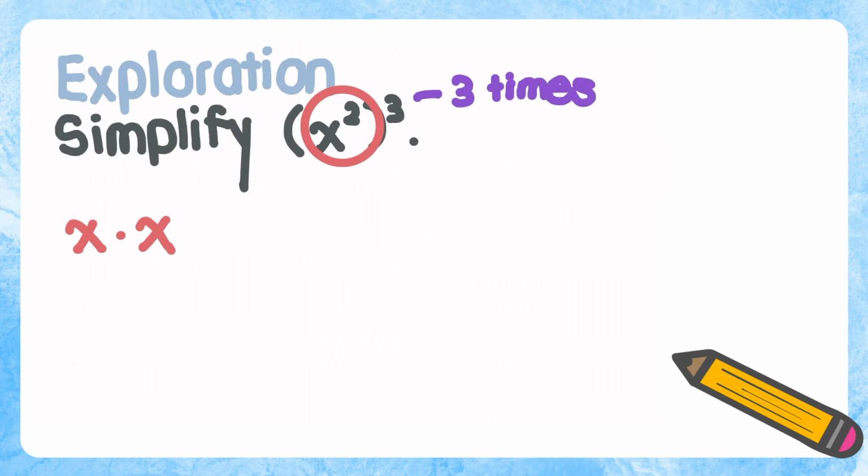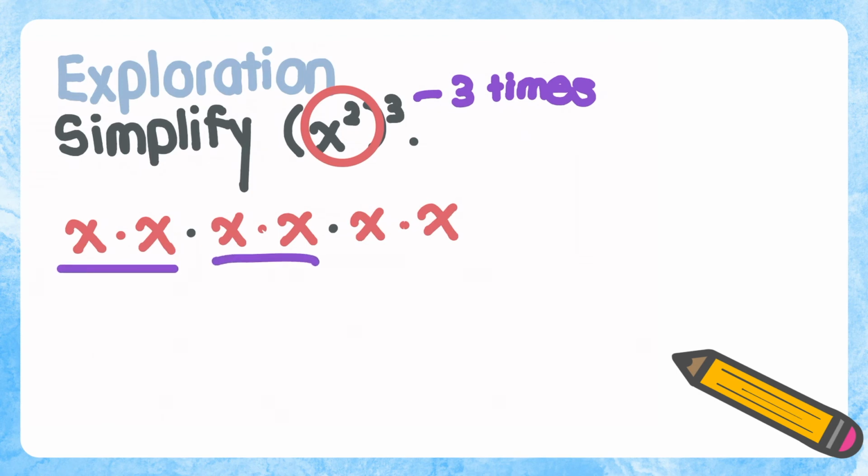So once, twice, and 3 times. We multiply x 1, 2, 3, 4, 5, 6 times. So x to the power of 6.